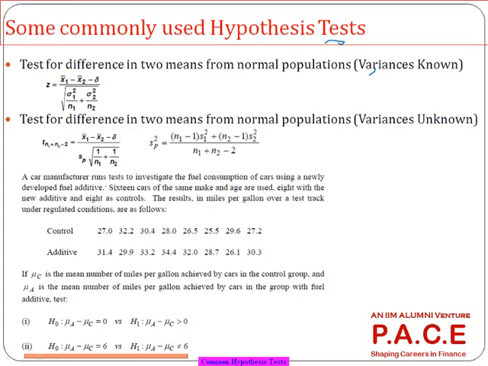So that's the reason the test statistic comes out as follows: instead of taking the sample mean, we take the difference between the sample means, minus the hypothesized difference, divided by the standard error. When only one population was there, we took it as sigma by root n. Now, because there are two different populations, the combined thing is taken as the square root of sigma 1 squared by n1 plus sigma 2 squared by n2.